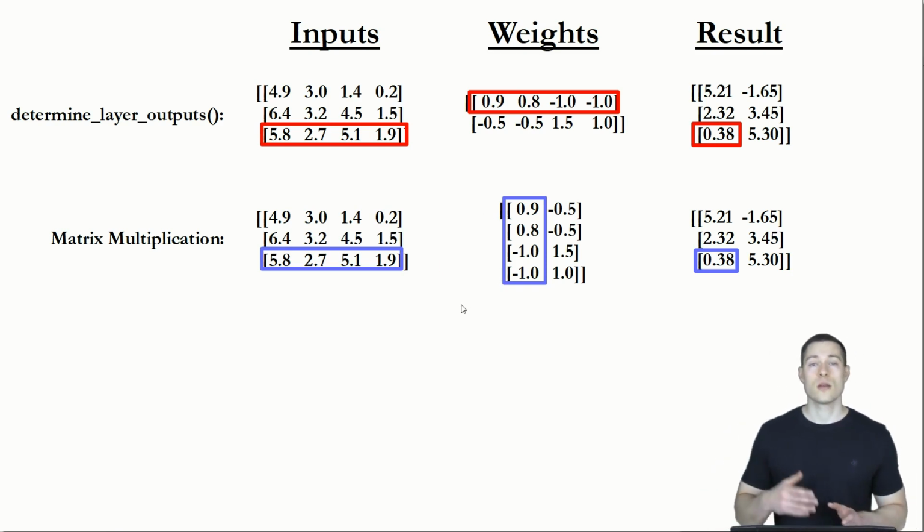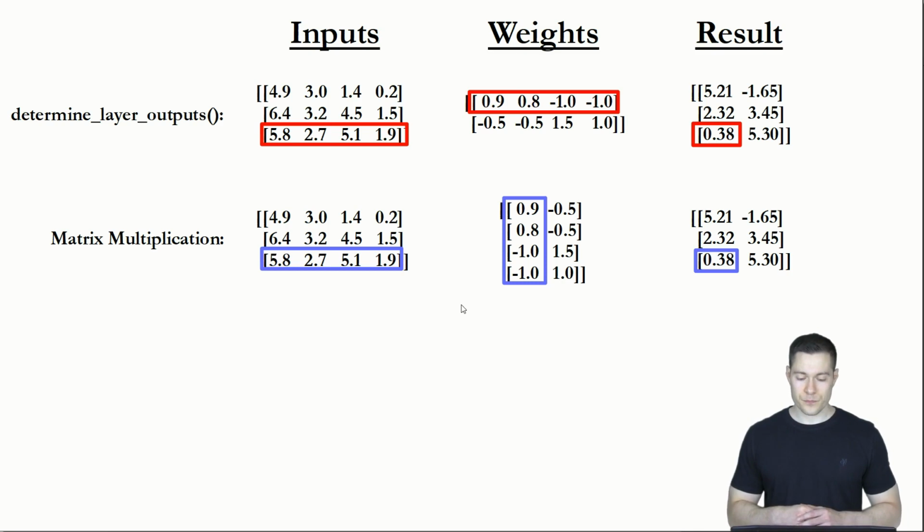And an easy way to remember this condition is to simply write down the dimensions of those matrices. So for example, this first matrix is a 3x4 matrix. It has 3 rows and 4 columns, and the second matrix is a 4x2 matrix, 4 rows and 2 columns.